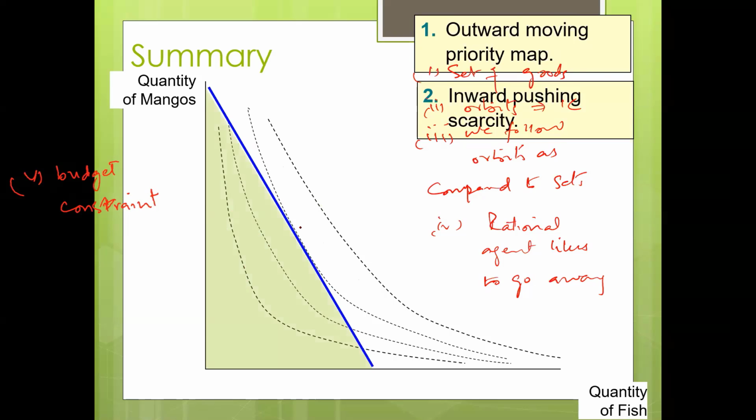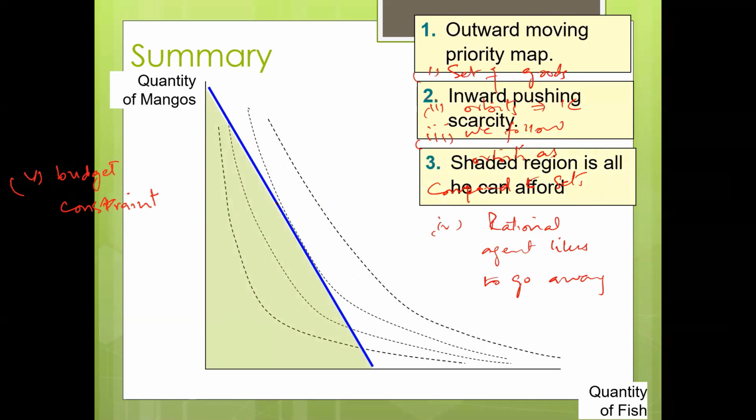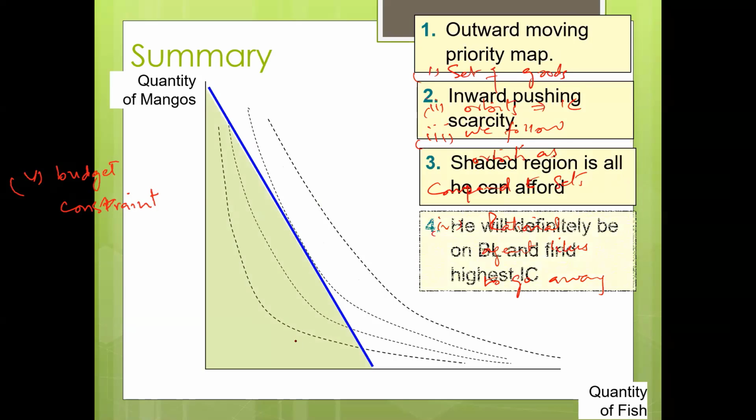We can only go to the blue line, and the shaded region is the affordable region, and anything outside is unaffordable. The customer can go to the blue line, and the blue line is his affordability, which we already discussed in the previous class. He will look at these blue dots where the highest indifference curve is crossing.